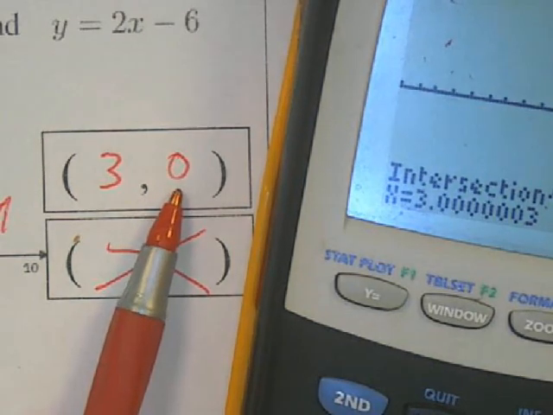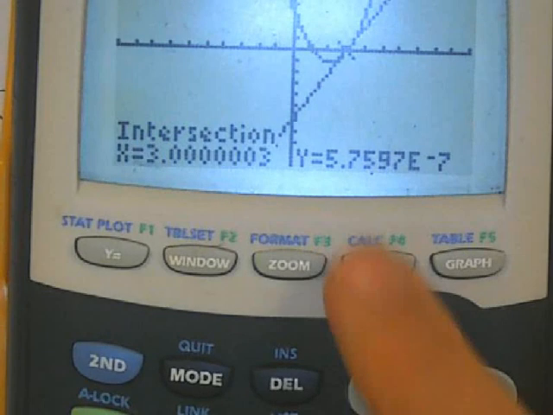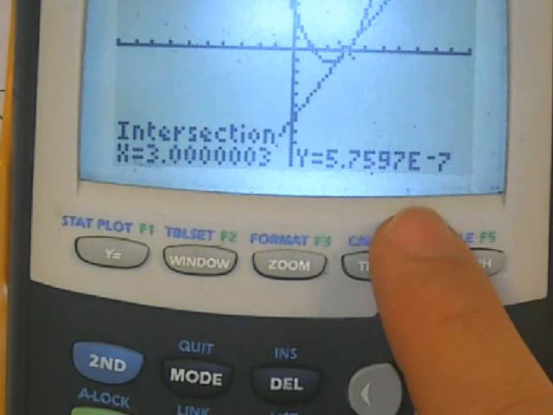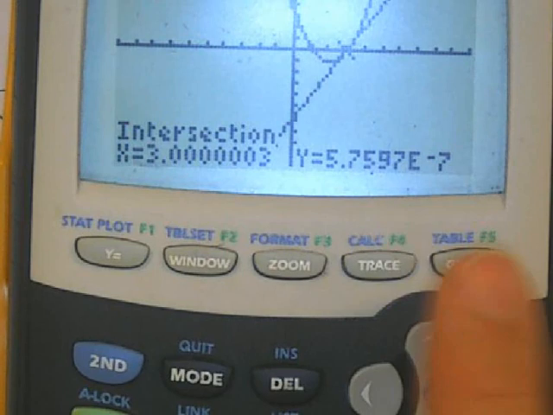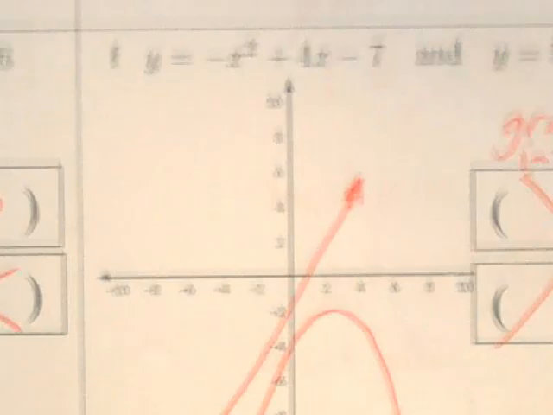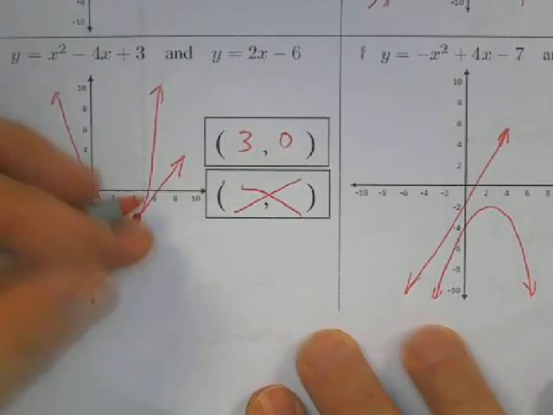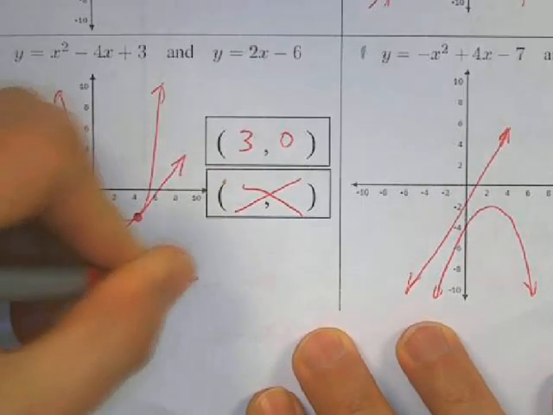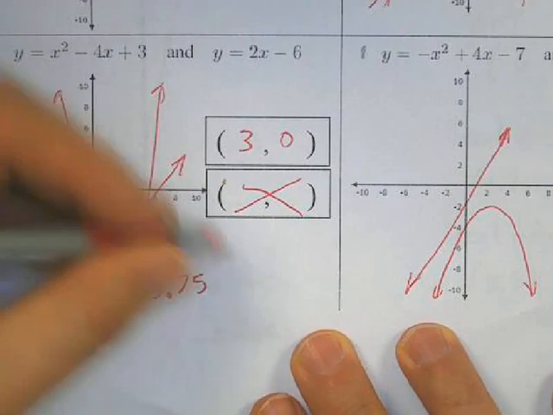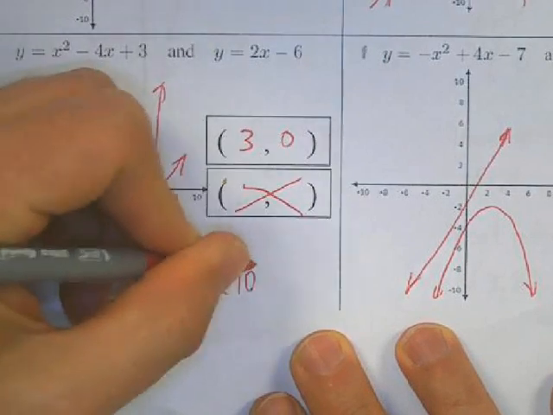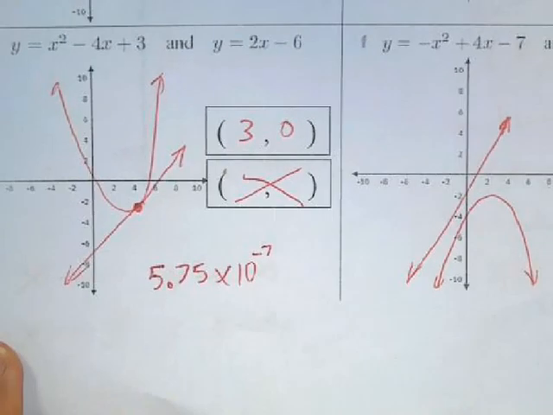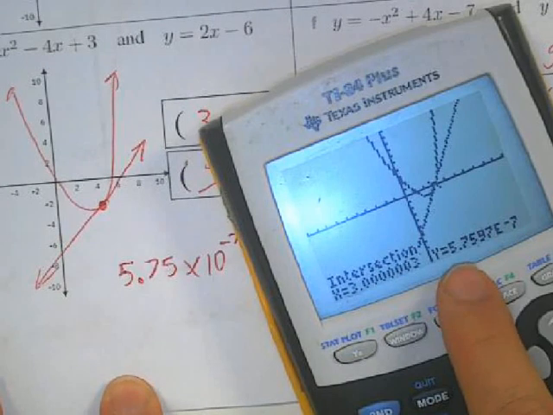But this is 5.75 times, so the capital E is scientific notation. What that means is 5.75 times 10 to the negative 7 power.